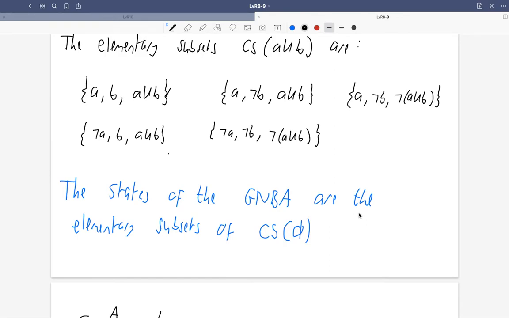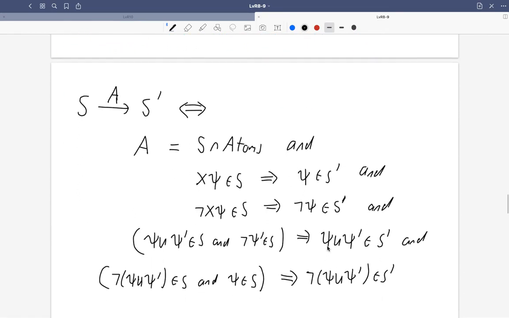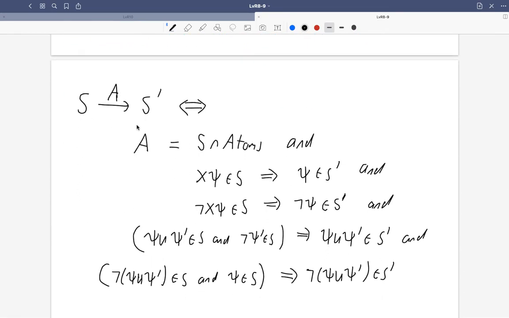The states of the generalized non-deterministic Büchi automaton are the elementary subsets. We've done that. And now the transitions. They're labeled transitions, labeled by sets of atoms. And you have a transition from one elementary subset S to another elementary subset S prime wherever you can.